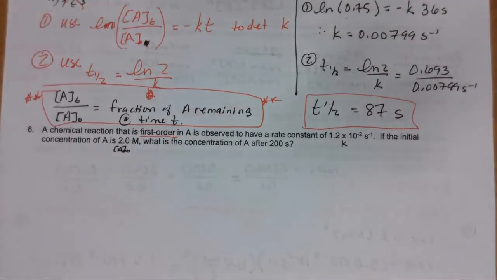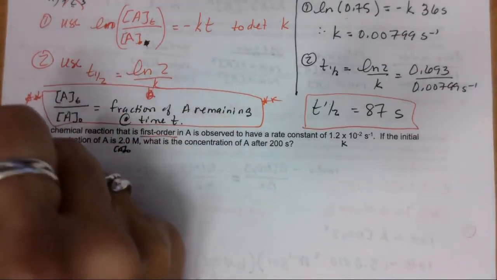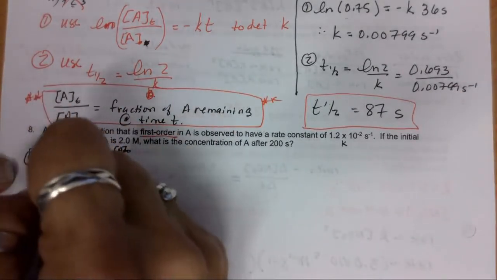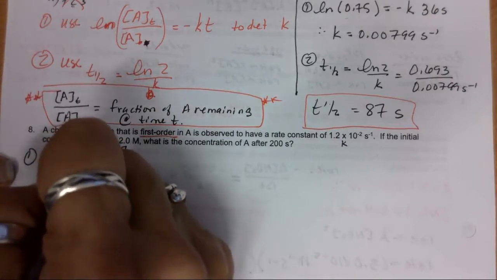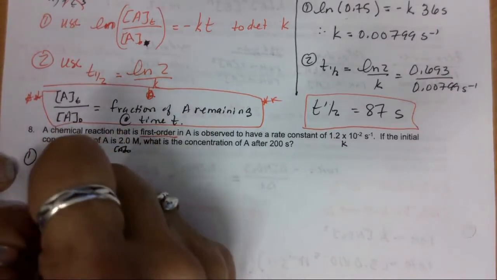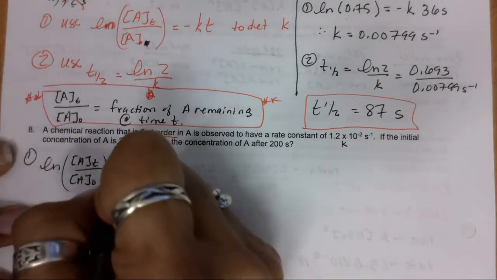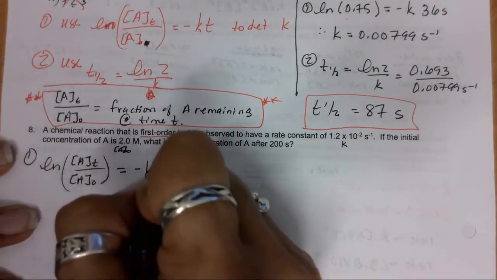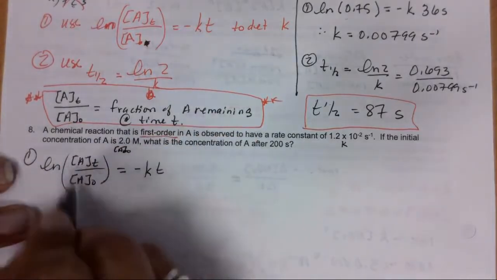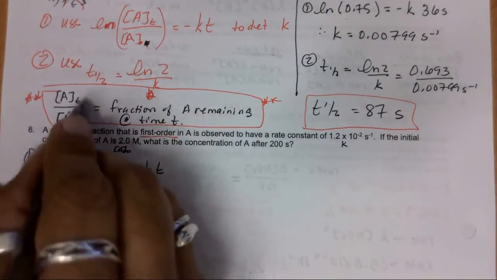Now, just like we did a minute ago, we want to use the natural log of the concentration of A at time t over the initial concentration of A. Remember, you have to take the natural log of the whole quantity, which is equal to negative kt. This was our ratio, our fraction.